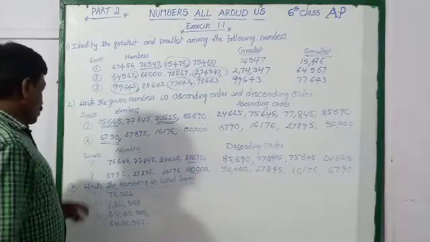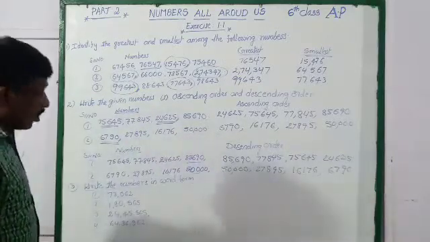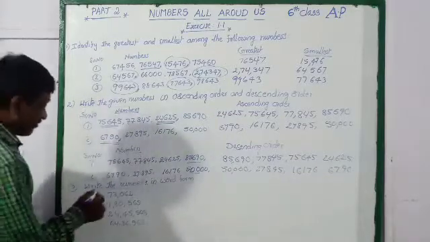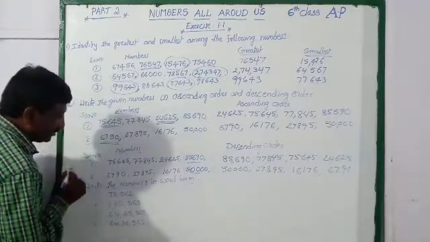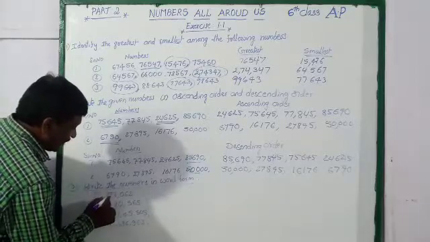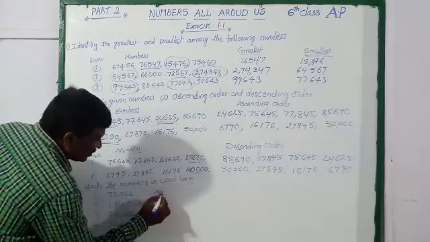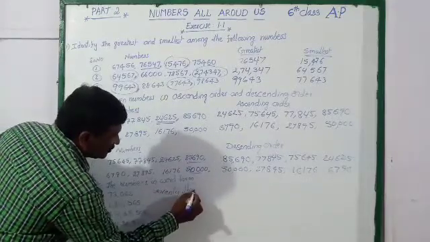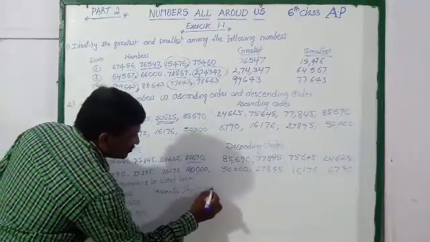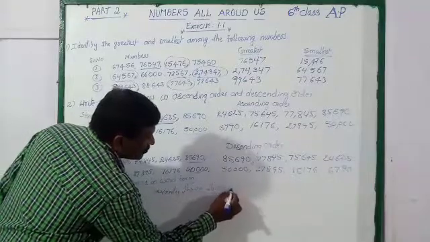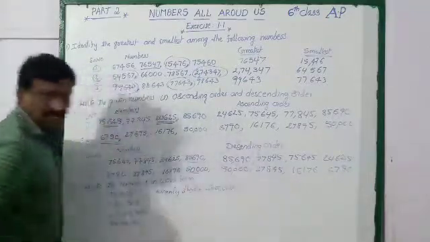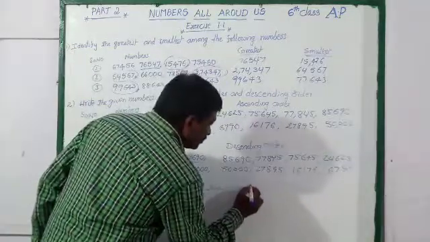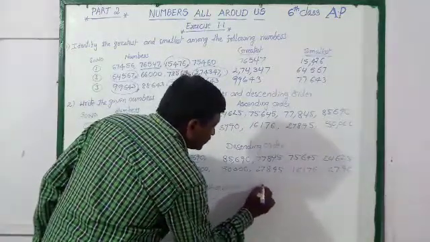Next, write the numbers in word form. These numbers, write in word form. 73,060: 73,000 and 60. 62.